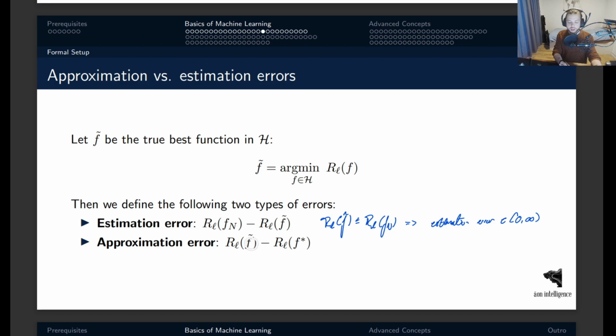Then we have the approximation error, which is the difference between the true risk associated with the model f tilde, the best one in H, and the Bayes predictor, which may lie outside of H, but is within the set F, the set of possible prediction models.